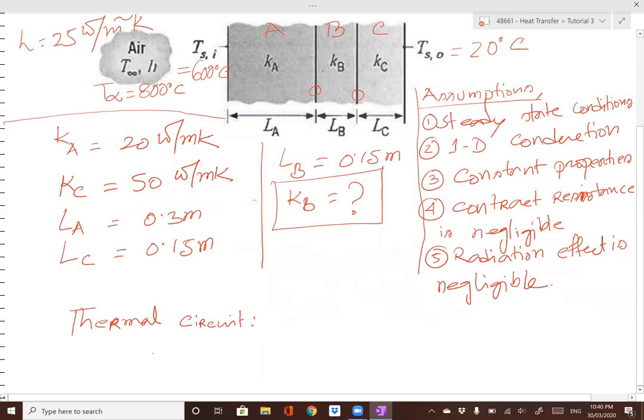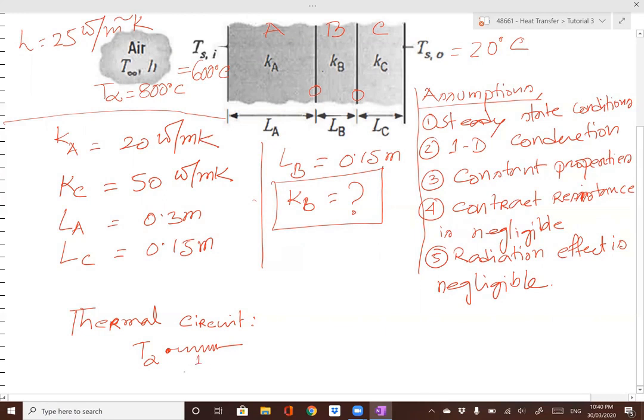The oven inside temperature, T alpha, then heat will transfer between the oven air and the oven inner surface due to convection.